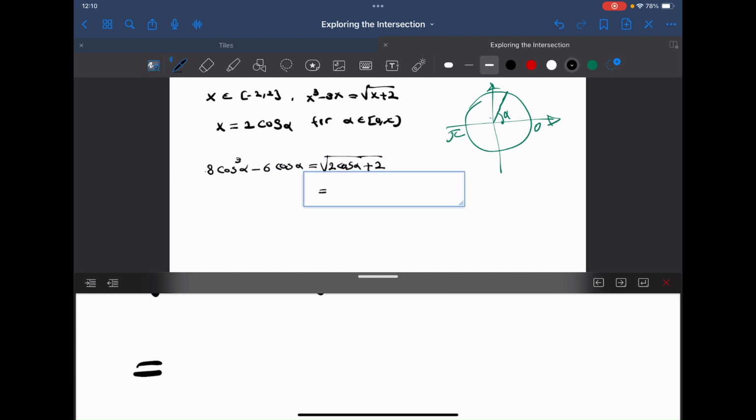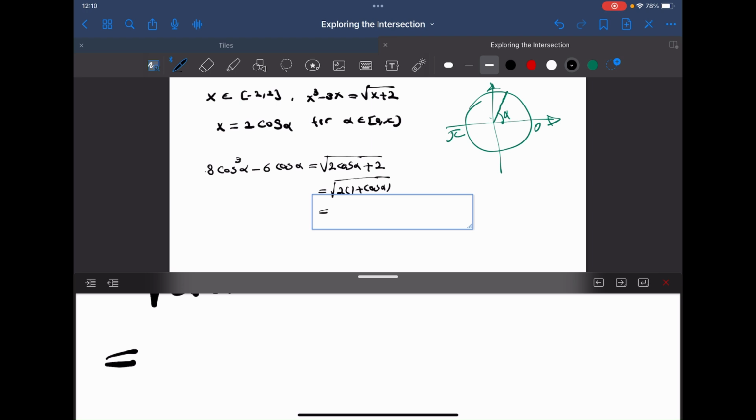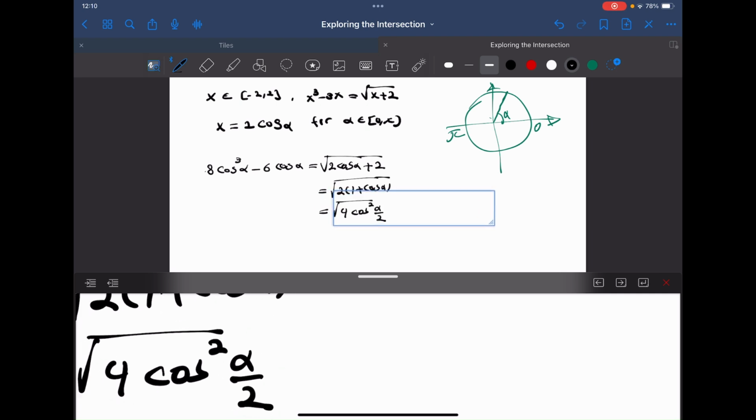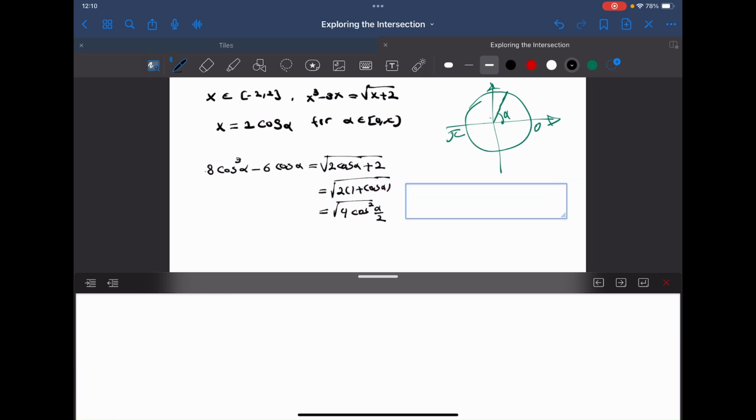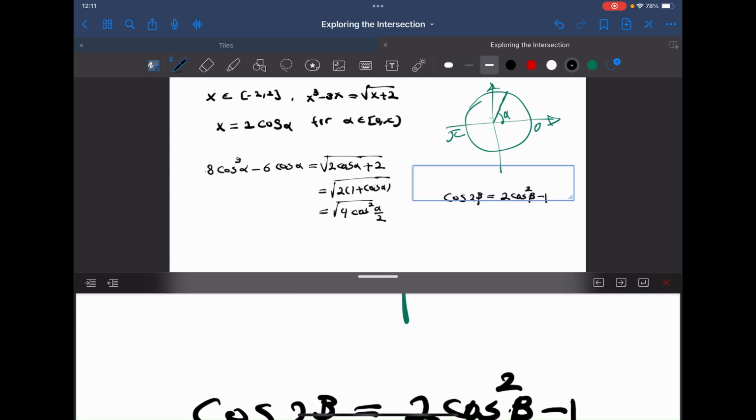And this is equal to root of 2 times 1 plus cosine of alpha. And this is equal to root of 4 cosine squared of alpha divided by 2. Here I'm just using an identity that we know from calculus, that cosine of 2 beta is equal to 2 cosine squared of beta minus 1. And I know that from calculus. This is a calculus fact.